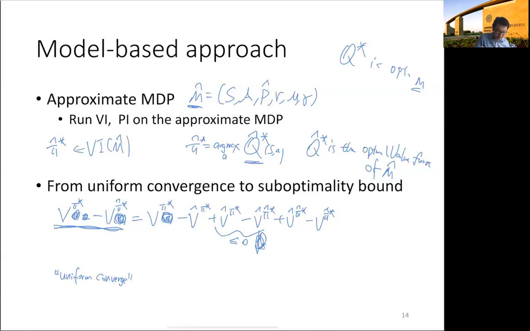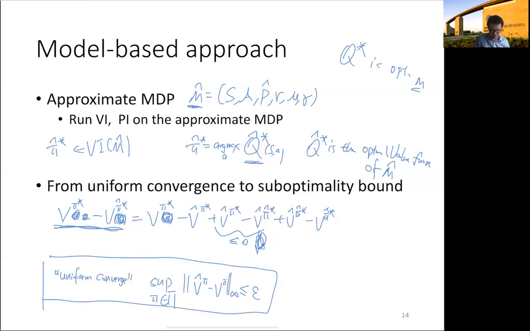If we can come up with a bound of the following form, if we can bound the sup over all possible policies such that V hat pi minus V pi is smaller than epsilon, right? This is a kind of uniform convergence bound that we're going to be proving and leveraging to get this suboptimality bound. Notice that when we take the sup, this bound applies to any chosen policy.